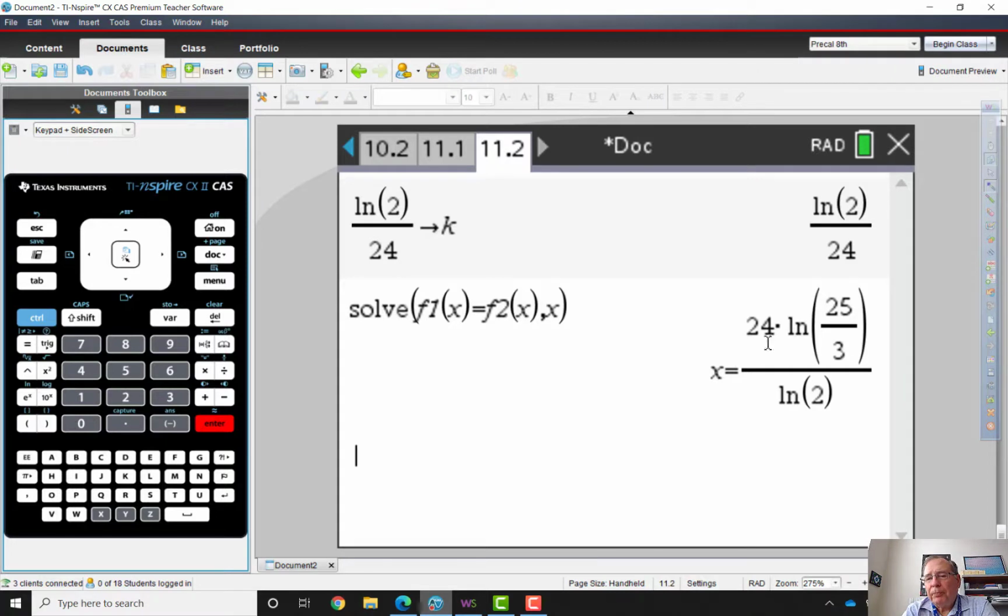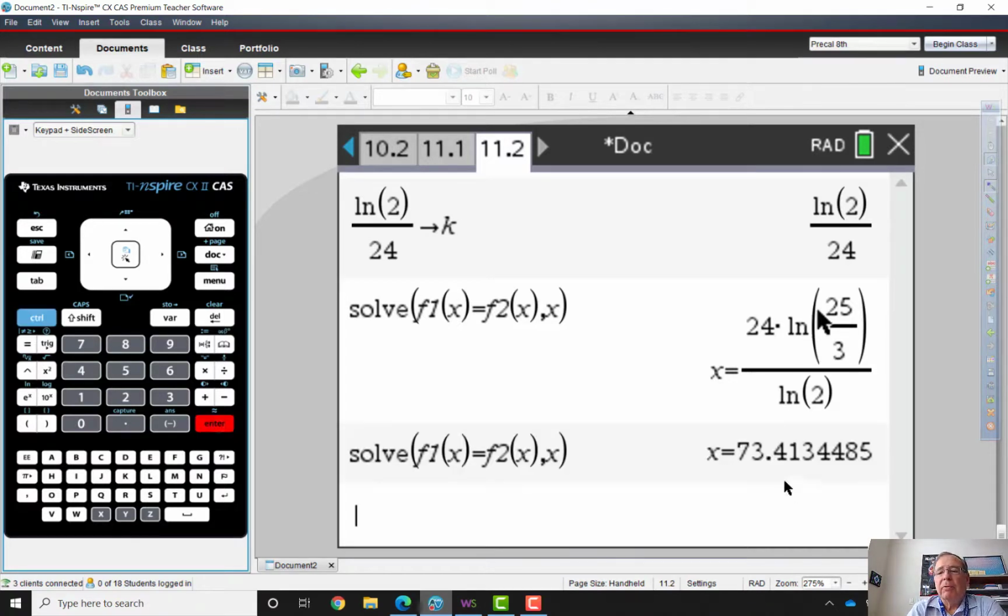And if we do natural log of something divided by natural log of 2, that's basically log base 2. And if we get the decimal for this, 73, so about 73 hours.